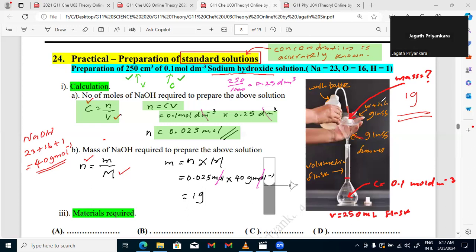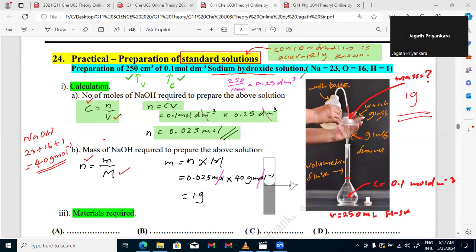Right. Wash glass, wash bottle, glass funnel, volumetric flask. So what is present inside the wash bottle? Distilled water, deionized water, distilled water.